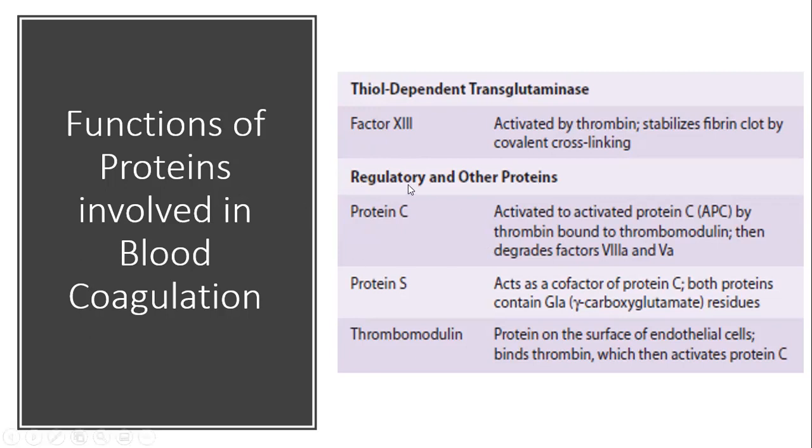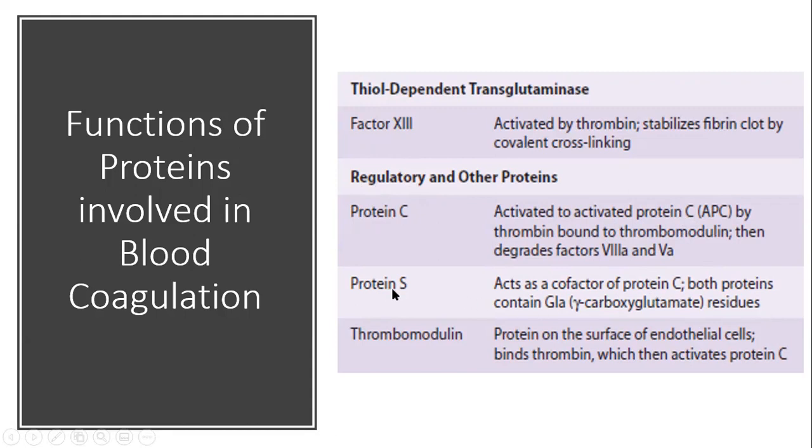You have your protein C that is activated to activated protein C by thrombin, and degrades factors 8A and 5A. Protein S, which acts as a cofactor for protein C, contains carboxyglutamate residues.